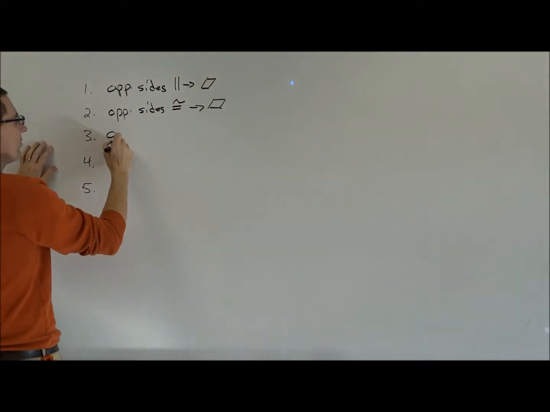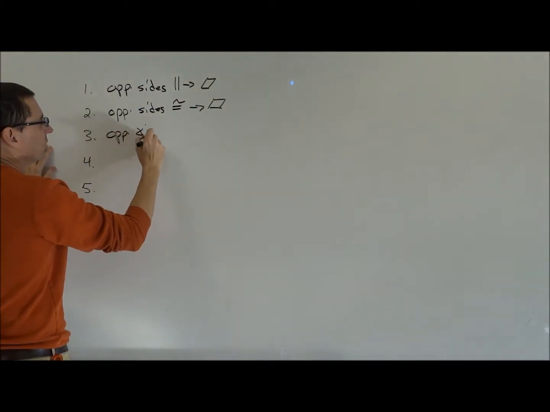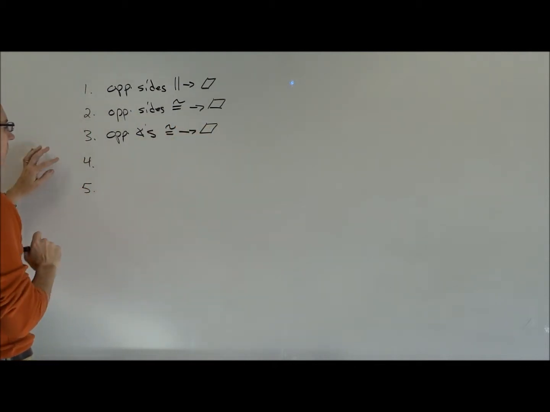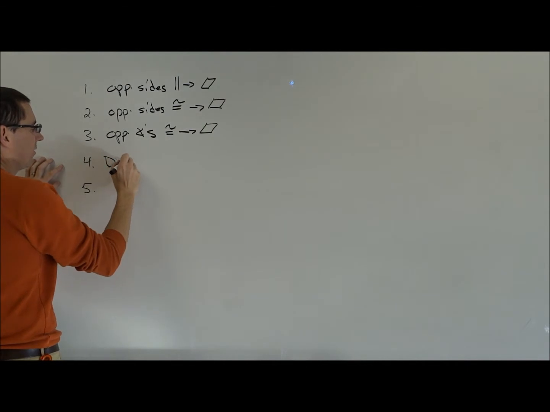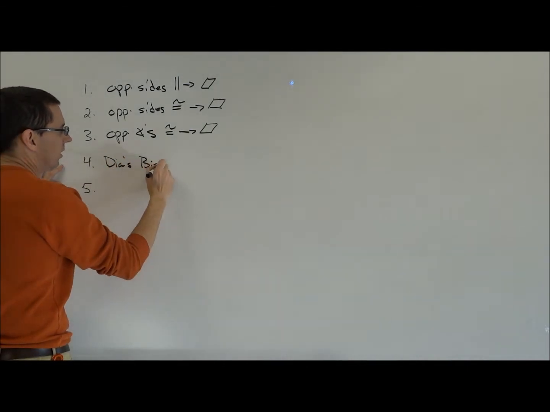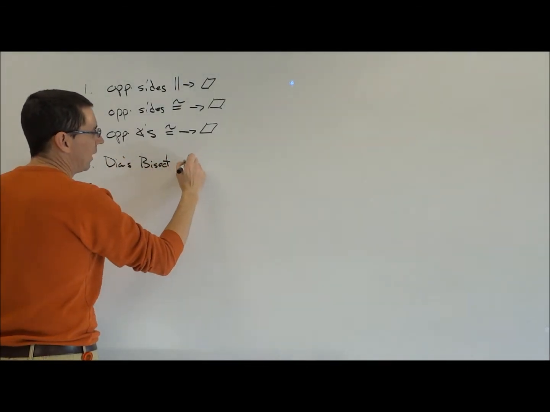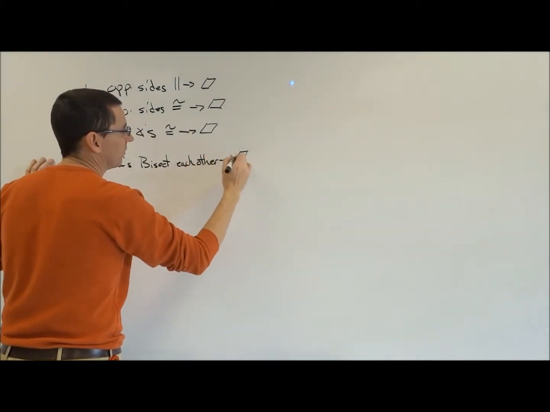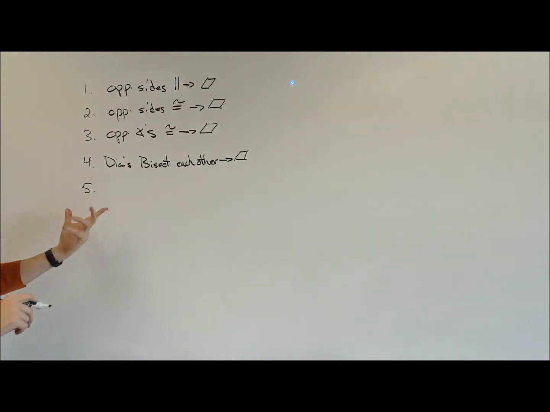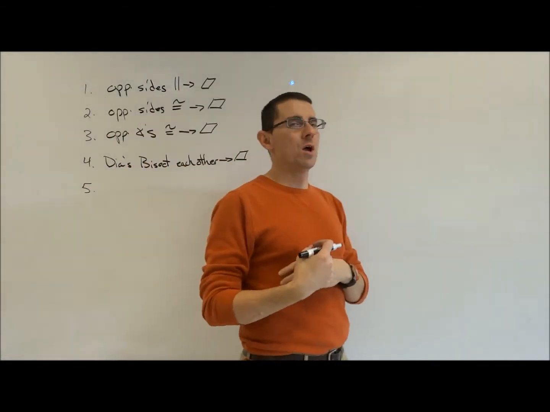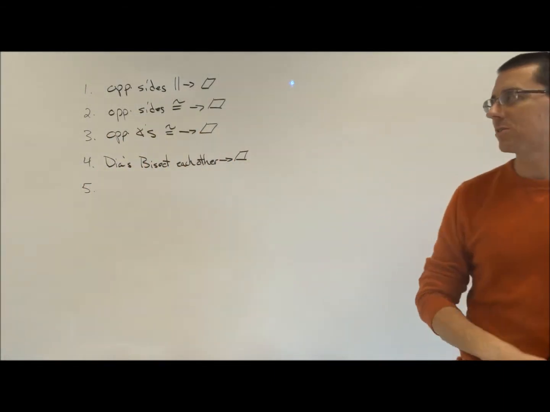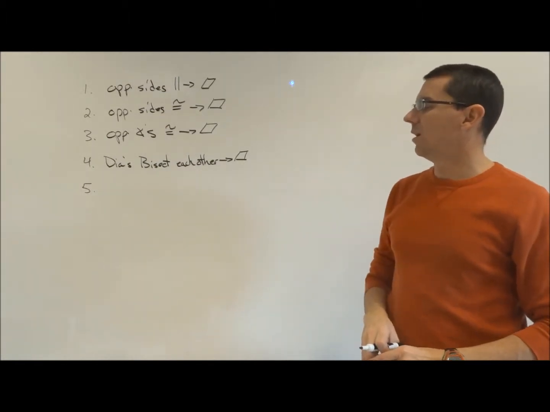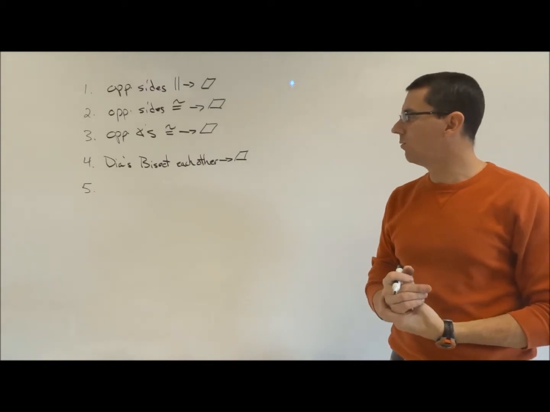Third one, both pairs of opposite angles congruent gives me a parallelogram. Fourth one, if I could show the diagonals bisect each other, that's going to give me a parallelogram. Now this 5th way only works with proving a parallelogram. It doesn't seem to be necessarily a property of a parallelogram, because I don't know they would use it by itself.